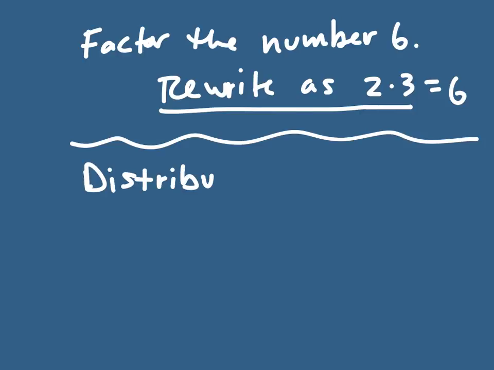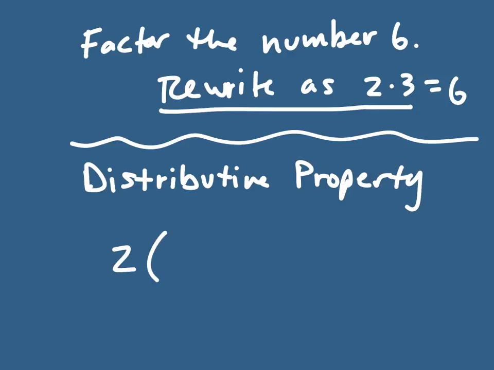The distributive property, which we have all done, okay? Let's just say I have 2 times (3x plus 2), and I wanted to distribute this 2.